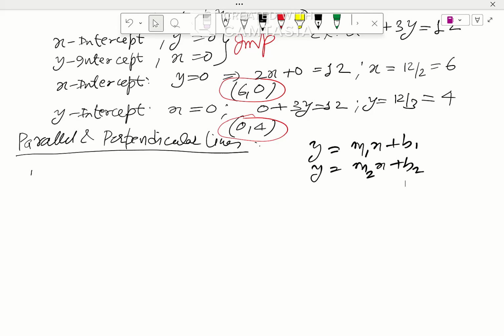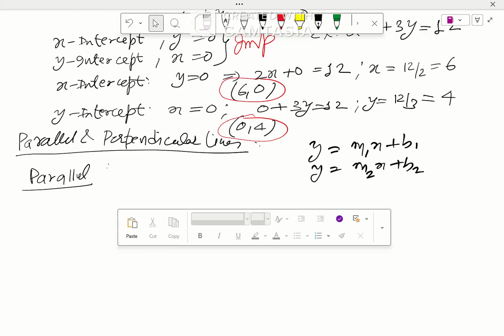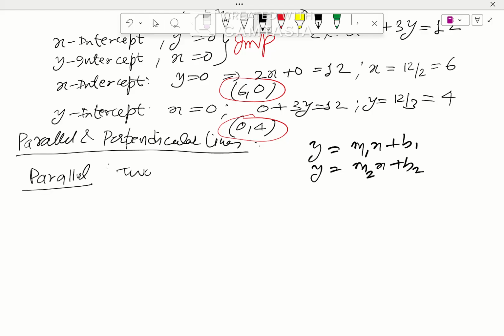Now let us look at the case of parallel lines. Two lines are parallel. There are two conditions that have to be satisfied, and I am writing IFF in mathematical terms. It means the two lines are parallel if and only if there are two conditions. One is their slopes are same.